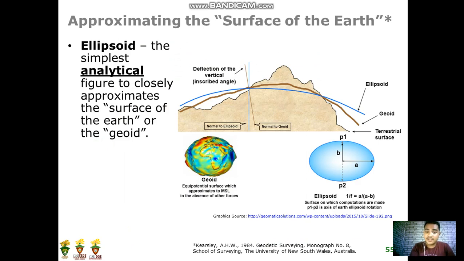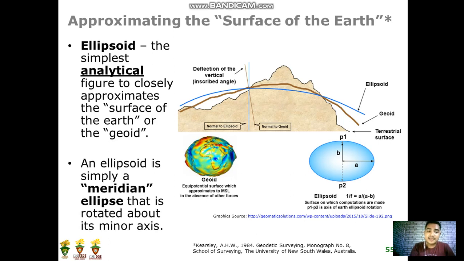Since kinatay geoid, ang katong form, no, na nabuo sa geoid, i-approximate na siya para simpler ang ato ang formula, and of course simpler ang ato ang pag-derive of formula to get or to determine the different aspects. So analytical that approximates the surface of the Earth, or the geoid.